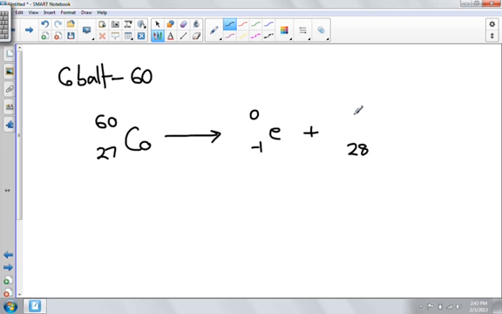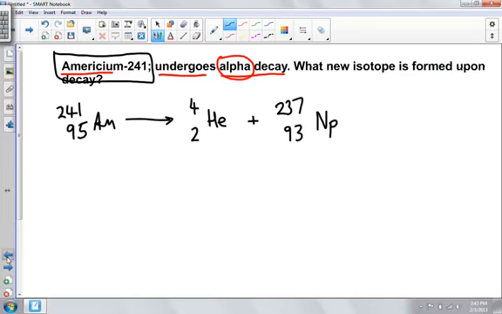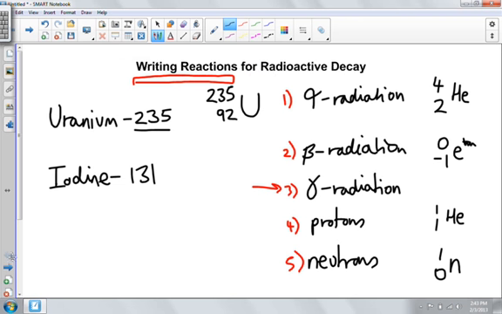The element that gets produced has an atomic number 1 higher than cobalt, which is nickel. The mass number stays the same because the top number for the electron is also 0. So really, that's how you write radioactive decay equations. It's really pretty simple. As long as you know what you're decaying, as long as you have some information about what is being produced and what you're being hit with, it's really that simple.